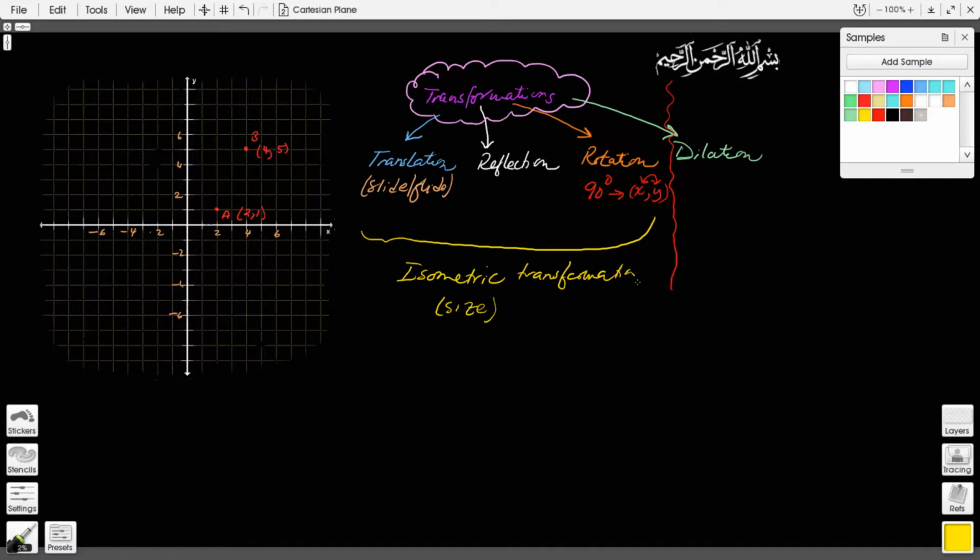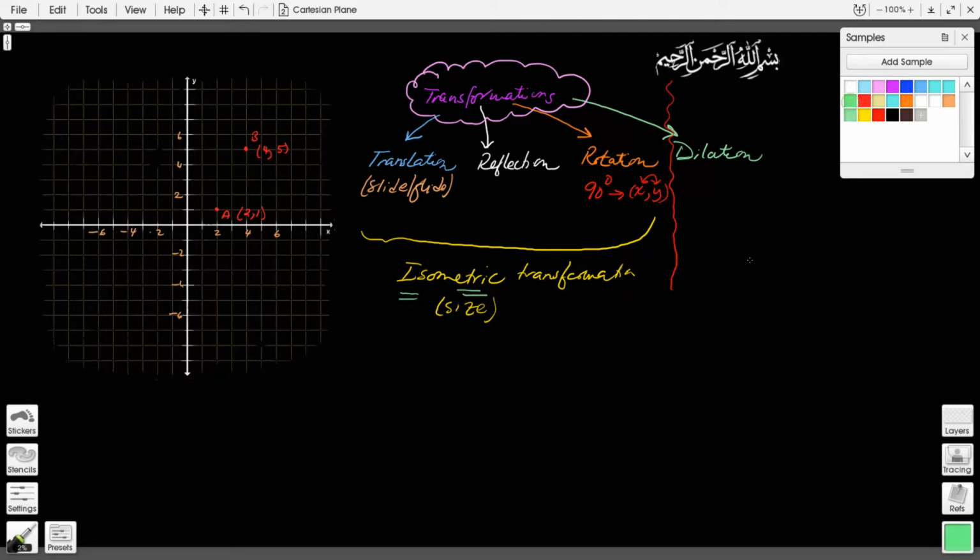If it's a triangle that you're reflecting or rotating, they would not change the respective angles of the triangle either. A transformation where the size of the object is not altered is called isometric. Iso meaning same, metric meaning measure, as you know. So isometric transformations are those where the size is not changed.